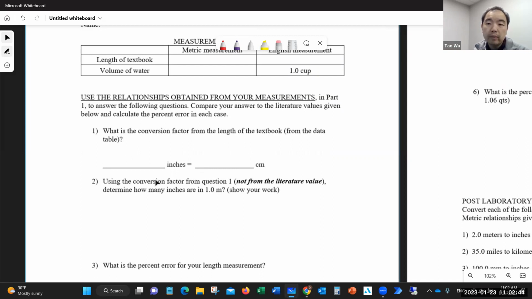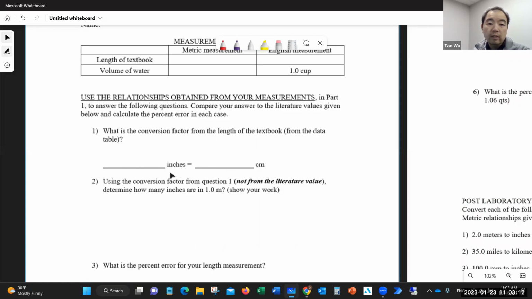For example, you're measuring a book using the inches ruler to measure its size, and using the centimeter ruler to measure the same size of the book. And then you will get different numbers, right? And these different numbers will give you a unit conversion because you're measuring the same book.